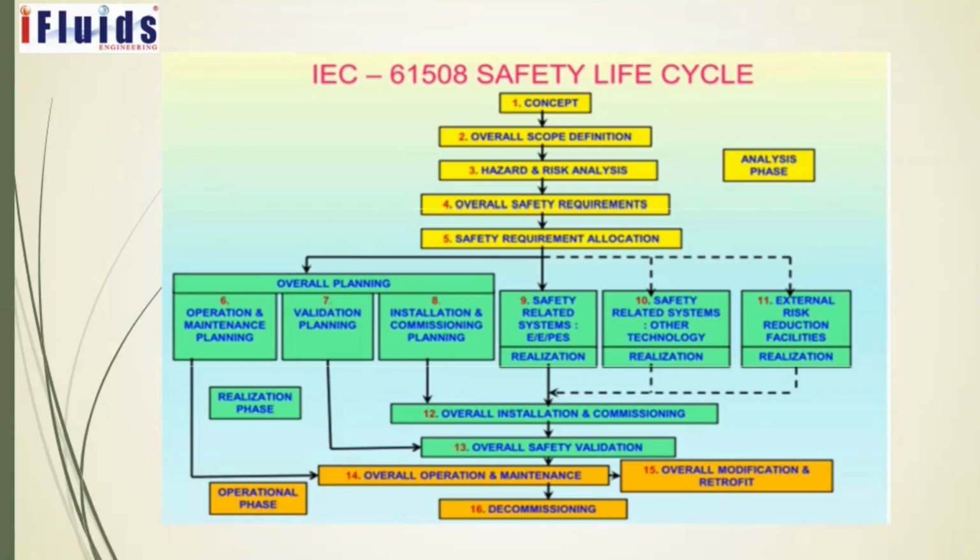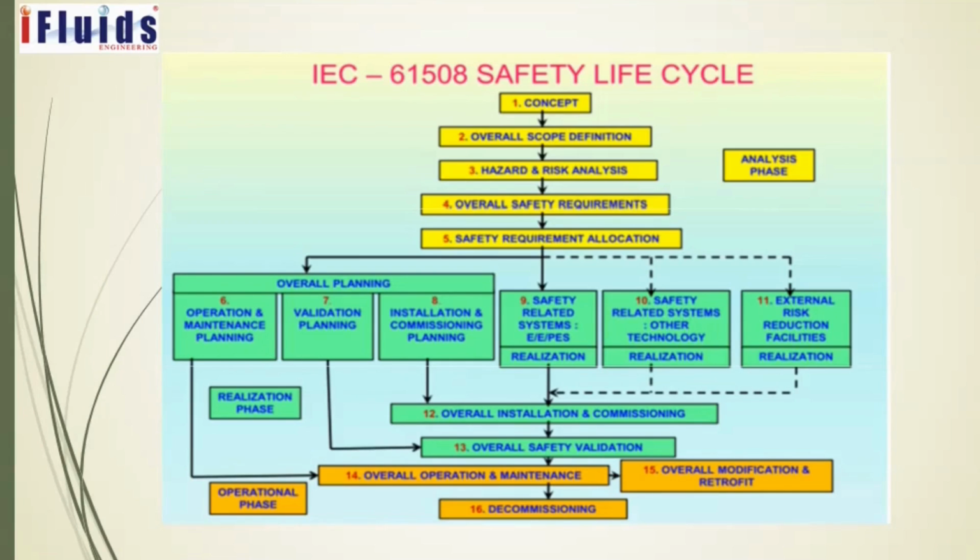Here we are going to deal with only assessment. So you can just go through this. I think it is self-explanatory, and there is no need to explain the IEC 61508 concept overall: definition, hazard and risk analysis. Next comes the overall safety requirement, then the safety requirement allocation. Those in yellow are the analysis phase.